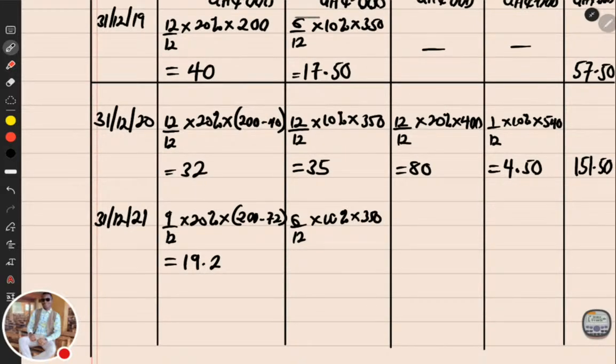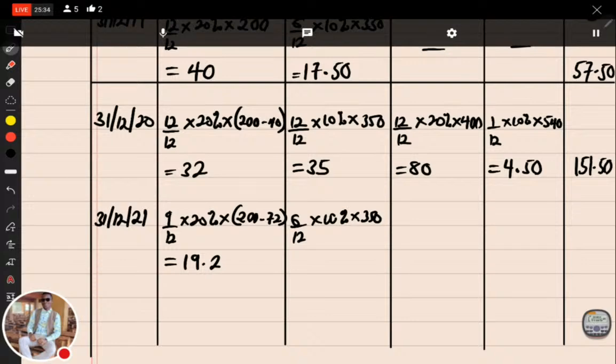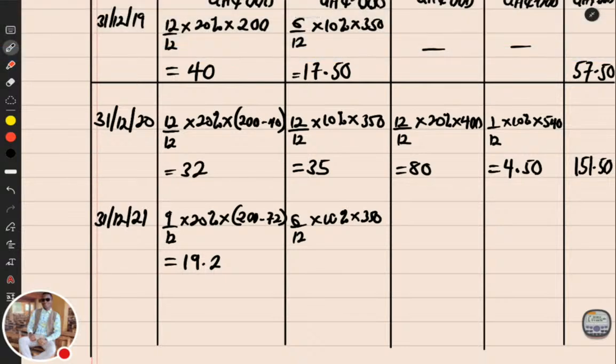So just multiply by 350. So that is how it goes generally for machine number 2. So what do we get?